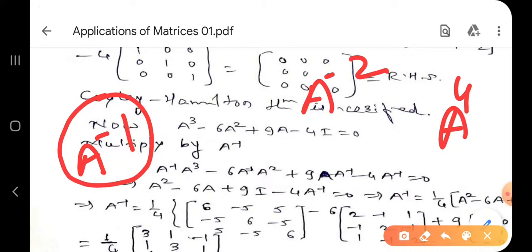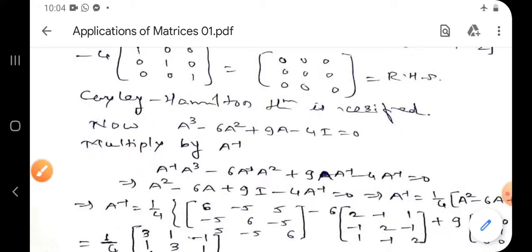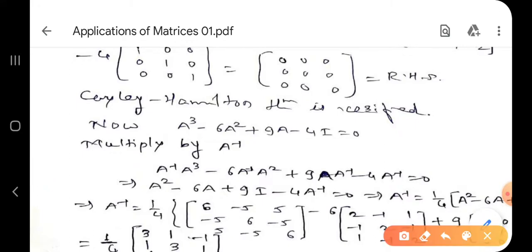Whichever value you have to find, multiply by that. So here we have to multiply by A inverse. So multiply by A inverse into A cube minus 6 A inverse into A square plus 9 A into A inverse is identity, minus 4 A inverse is equal to 0. Correct? So what I get from this?